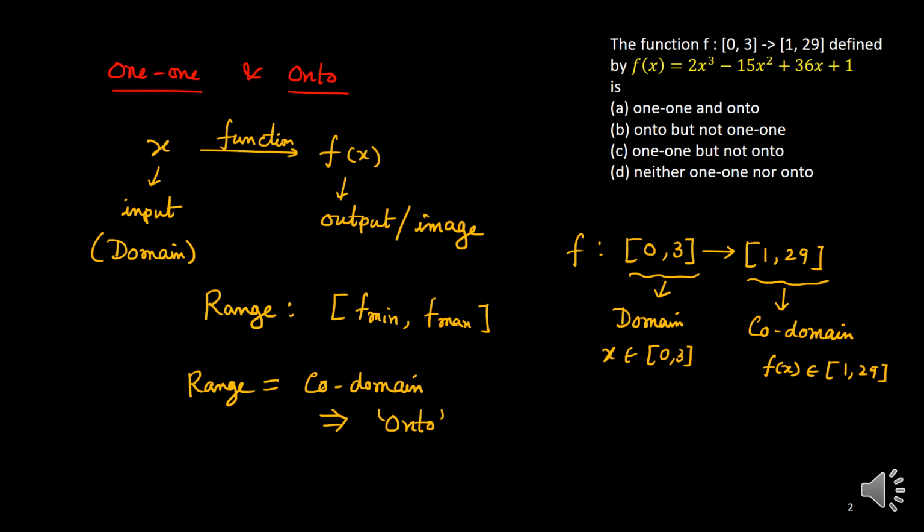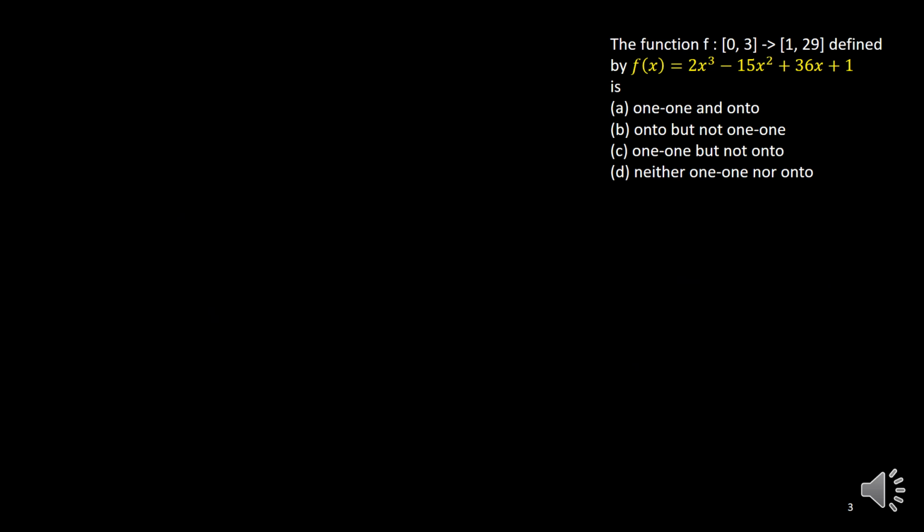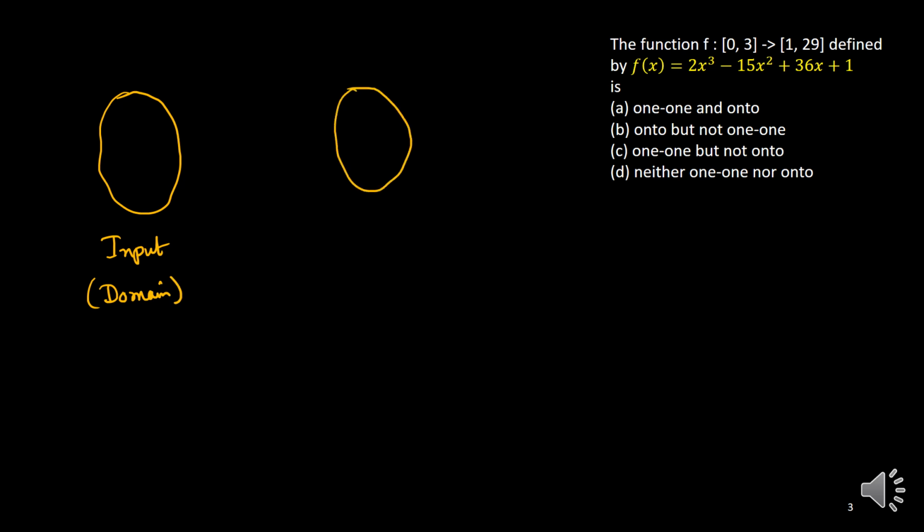Graphically we can show these things. So what I can do is consider one set. This is one set, that is the input, the span of the input, or the domain, and it is mapped to another space that is called the output, or I could call it the codomain.